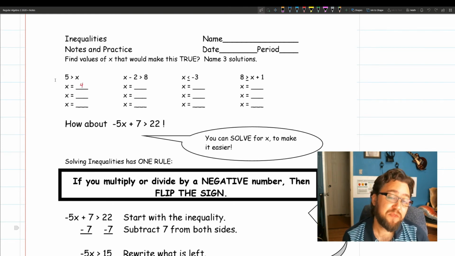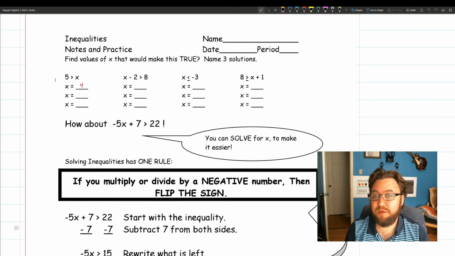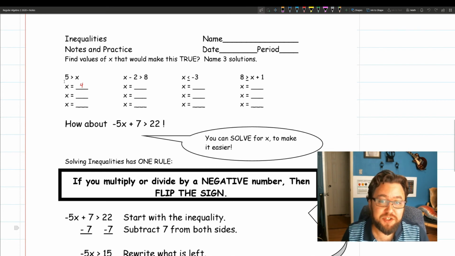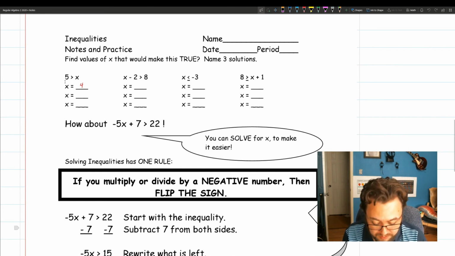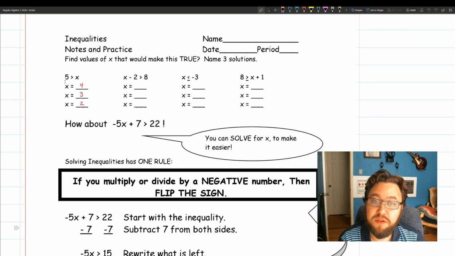If you're being lazy like me, I would say 4, 3, 2. But you could say 4, 0, negative 10, however you want to do it. I'm going to take the lazy man's way out, because I know all of those values are going to be less than 5. If I want to check them, I plug them back in: 5 is greater than 4, true. 5 is greater than 3, true. 5 is greater than 2, true.